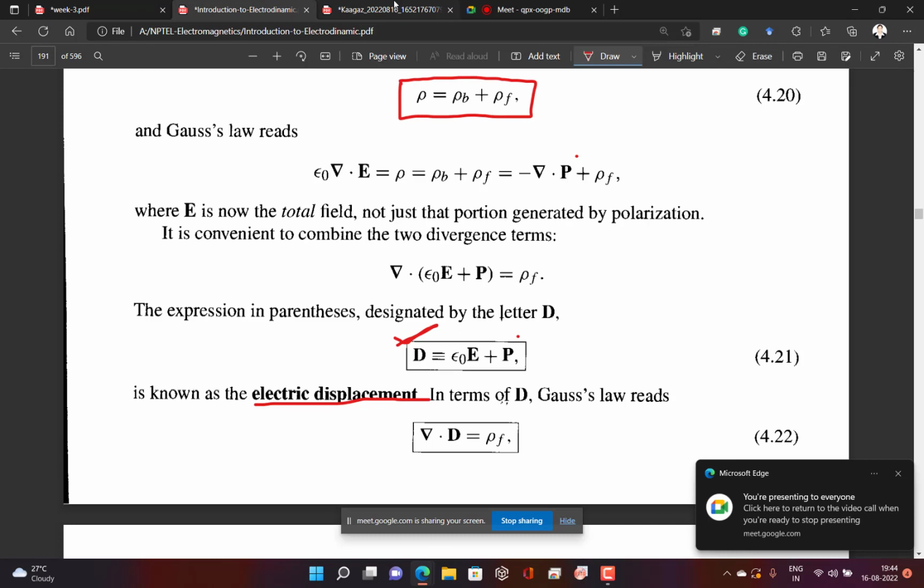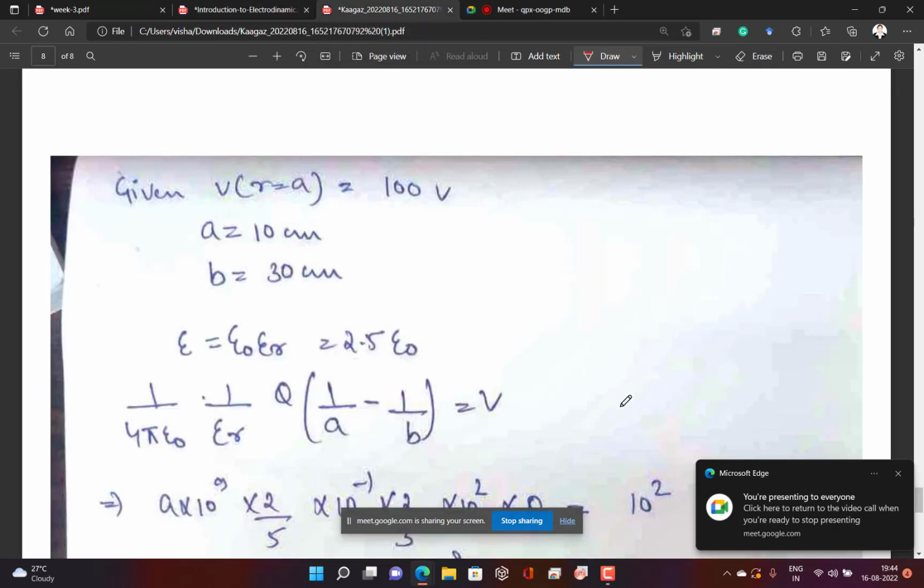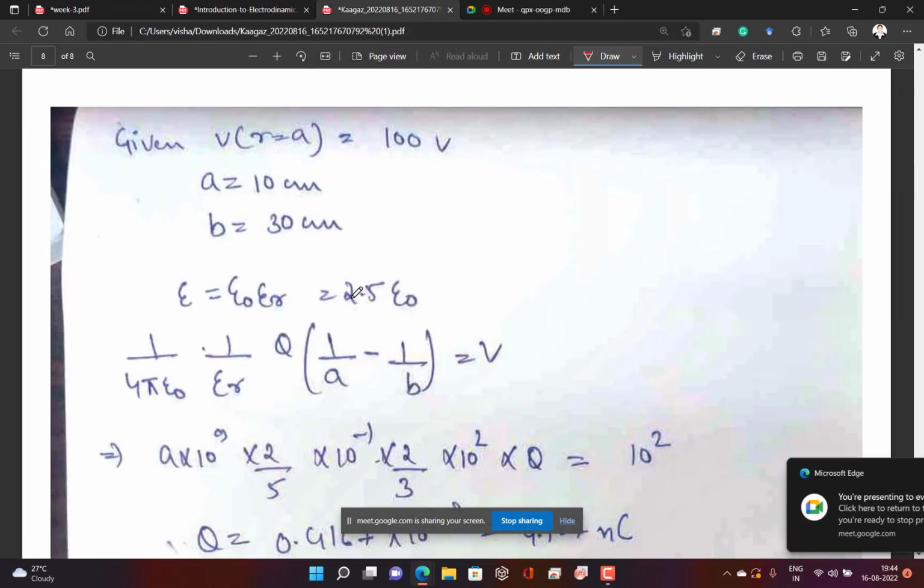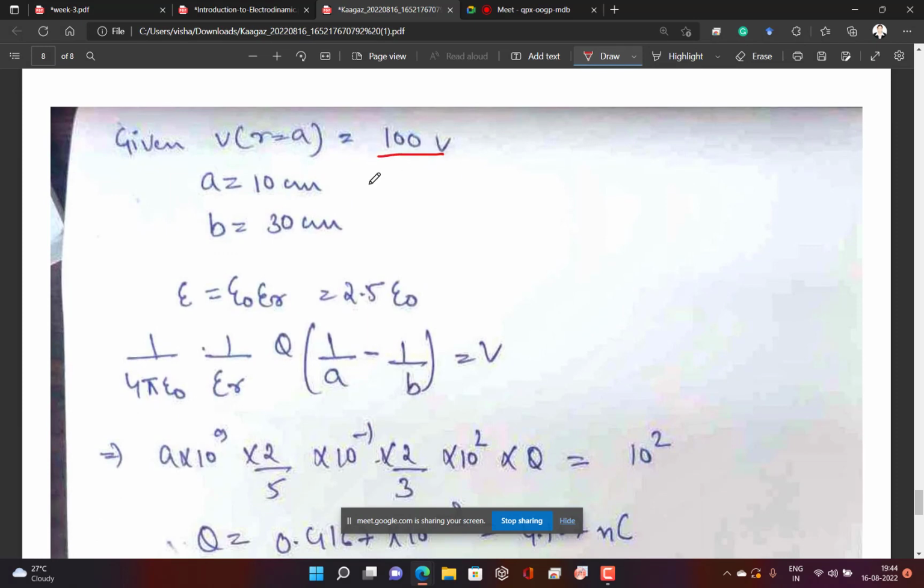Okay, let's go ahead. Where was I? Yeah, so all the values are given. V is given in the question, that is 100 volts. A is given, B is given, and epsilon is given, equal to epsilon naught into epsilon R, that is 2.5 epsilon naught.